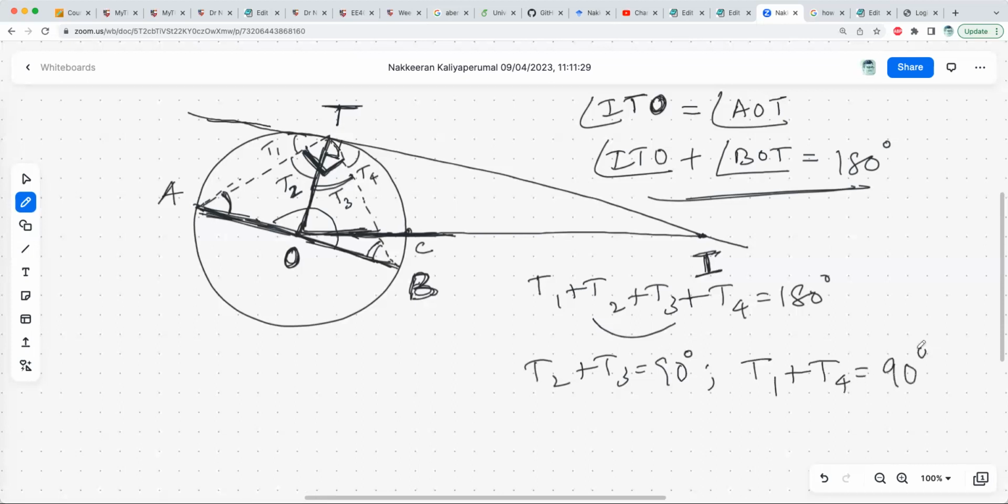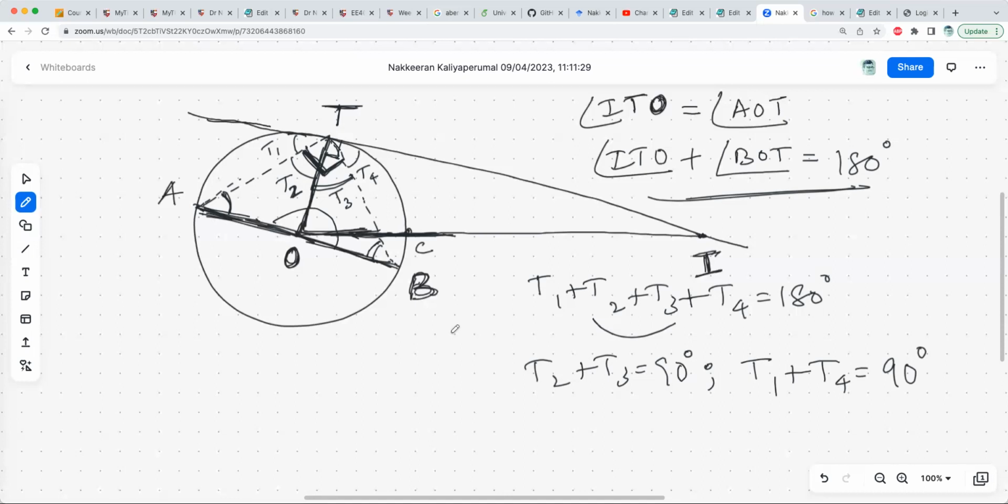Okay, yes, sir. This thing has come out. I'm just populating whatever, but we need to show that they're equal as well. What is the angle we are interested in?